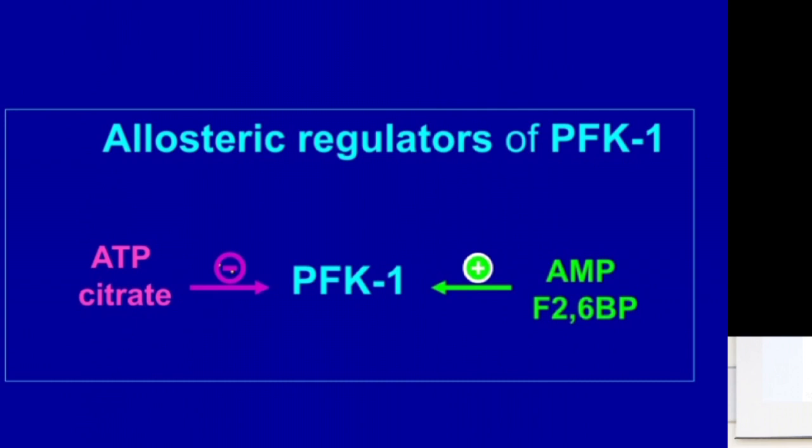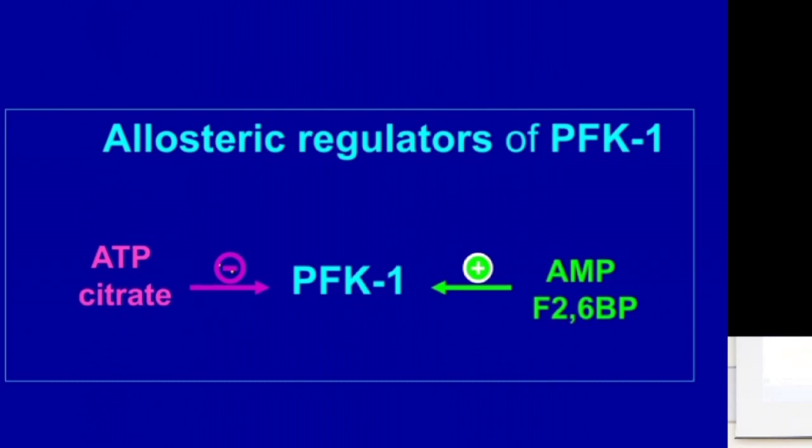Actually, this is probably the most important molecule for glycolysis, to activate PFK-1. In fact, PFK-1 doesn't really work if you don't have a little bit of that. Typically, allosteric regulators, activators or inhibitors, you don't need high amounts of them. You just need small amounts to bind to the enzyme and change its activity.